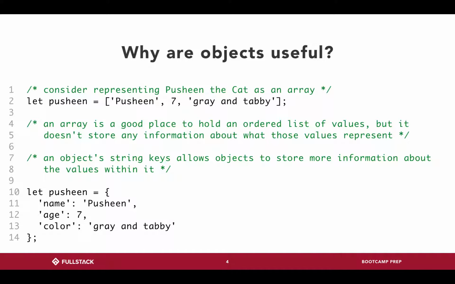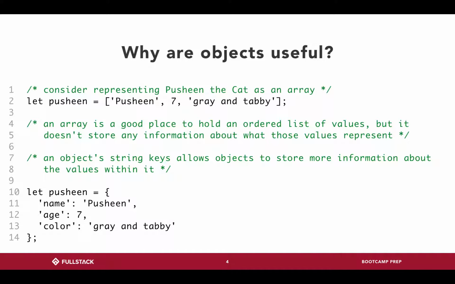So let's say we have a bunch of data about Pusheen the cat that we want to represent in a collection. If we did it in an array, we could have the name Pusheen, the number 7, and the string gray and tabby. We're all smart people, so we can use context clues to make guesses about what that information represents in an object called Pusheen.